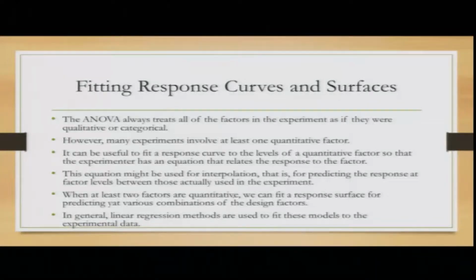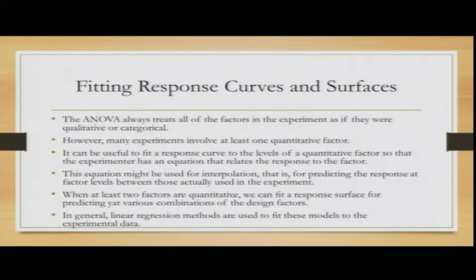Now, you want to study something about fitting response curves and surfaces. The ANOVA always treats all the factors in the experiment as if they were qualitatively or categorically designed. However, many experiments involve at least one quantitative factor. It can be useful to fit a response curve to the levels of quantitative factors, so that the experimenter has an equation that relates the response to the factors and builds up the model accordingly.